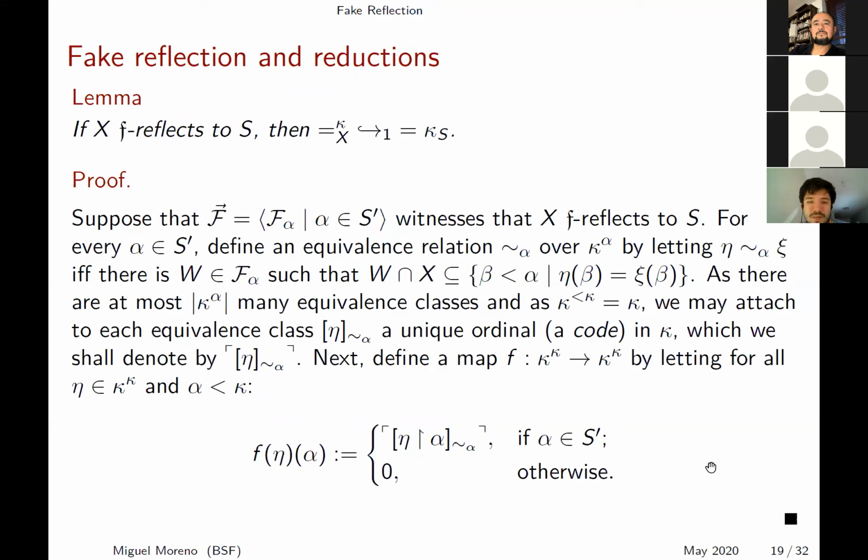So basically you have just shown that capturing clubs gives you the same code for club many alphas, and the second part, the reflection, gives you different codes for stationary many. So this is the idea of the proof.